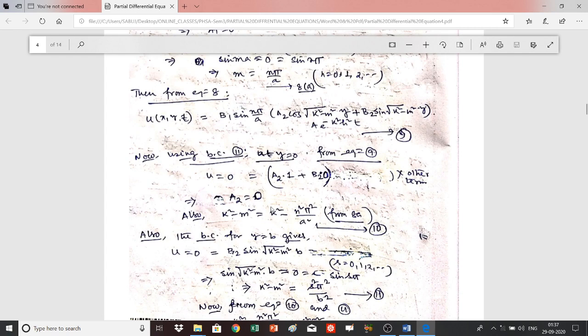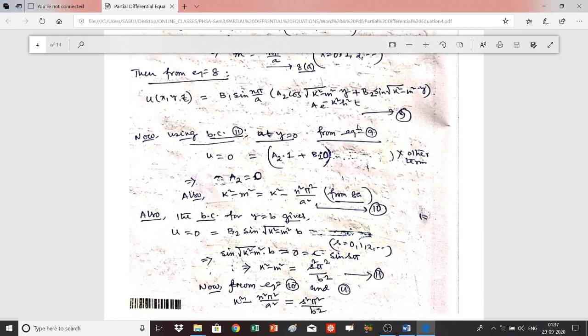Since a2 is equal to 0, this term will not be in the solution. So the terms that will be in the solution are b1 sin n pi x by a, then b2 sin root over k square minus m square into y, and then e to the minus k square alpha square t. These are the terms that will be in the solution.